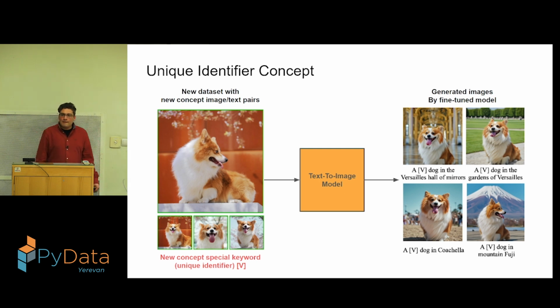Is it a good idea to take not only one identifier? This is a much more complicated situation when you are trying to teach your model to identify several different concepts. It's possible, of course, even with Dreambooth, but it is a much more complicated case.